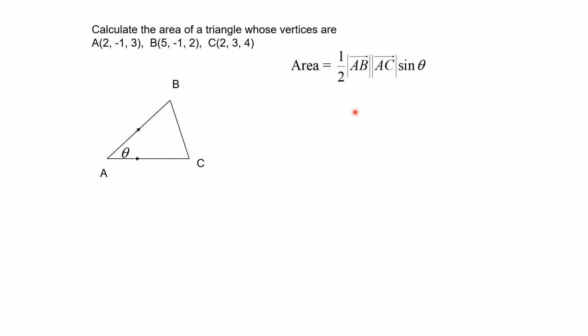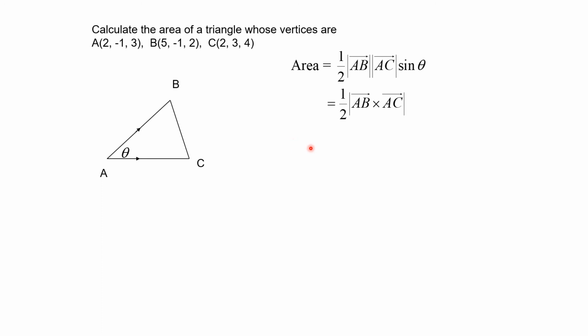So in this case, the magnitude of vector AB and AC sine theta is equivalent to the cross product of vector AB and AC by the definition of the cross product formula.